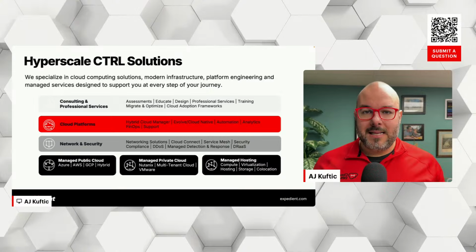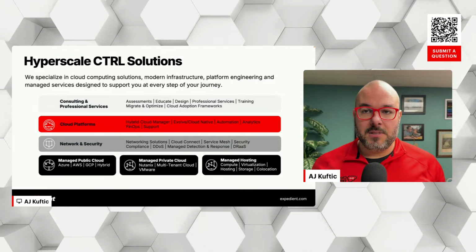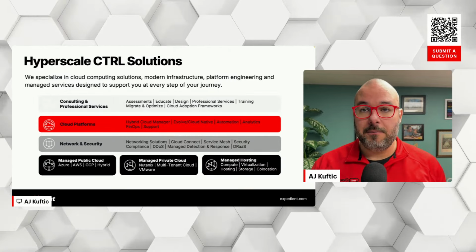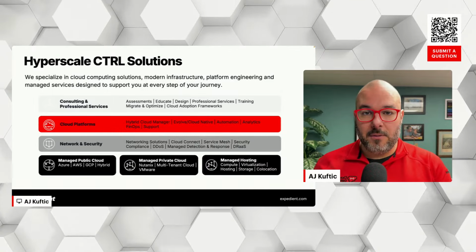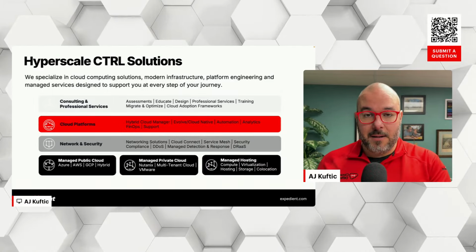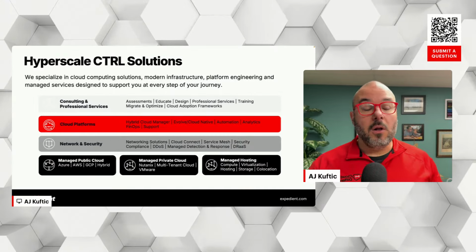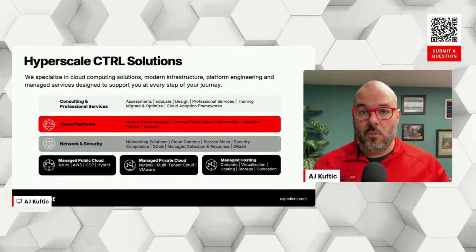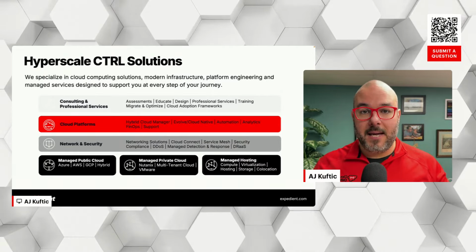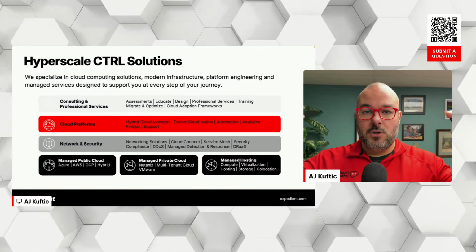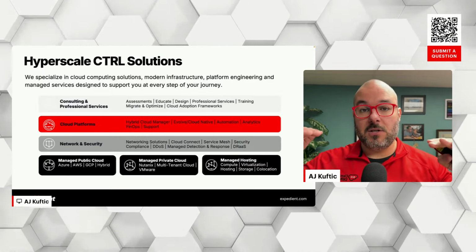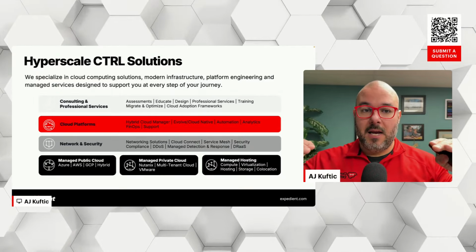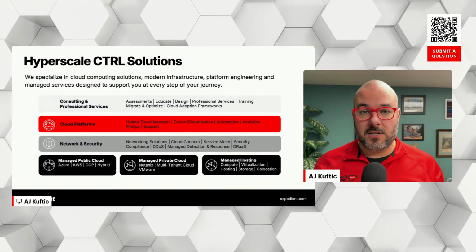And when we look at that series of services, it really comes down to our ability to deliver things like professional services on top of a hyperscale cloud. So when I look at my cloud platforms, let's say, I have the ability to have AWS, Azure, and GCP along with Expedient Private Cloud, Enterprise Cloud, Edge, and colocation, where I can put the right workload where it needs to be, and then put assessments, training, education, and professional services on top of that to ensure that it's going to go to the right place and that it's going to stay there, and then manage those services on top of that.